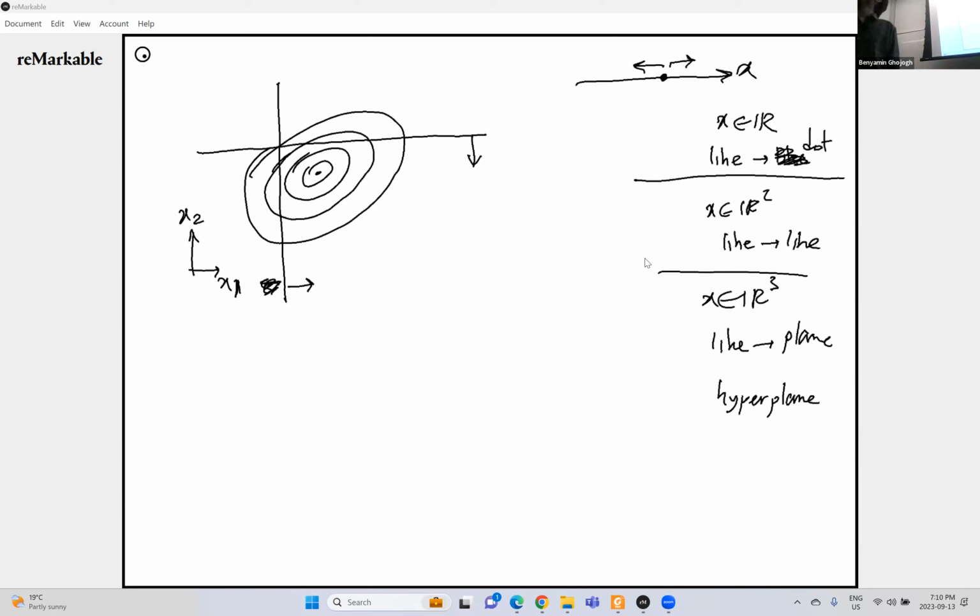So assume I have two inequality constraints and one equality constraint like this. My equality constraint says that I have to be on the line or on the hyperplane. So what is the intersection of all of these constraints? Can you tell me?